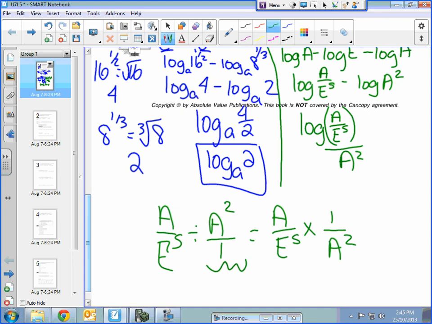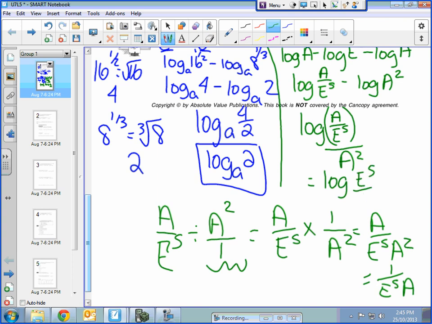So if I just flip that around, now I can multiply straight across. And then I can simplify. 1 over e to the 5 times a. Oh, sorry, 1 over.